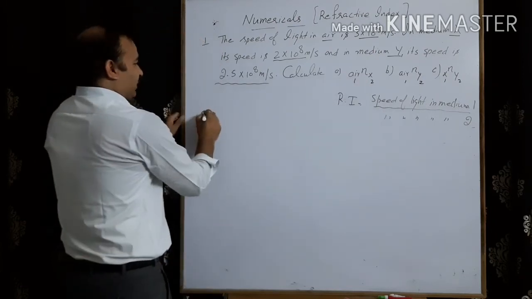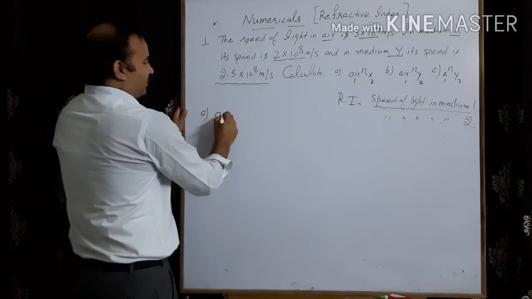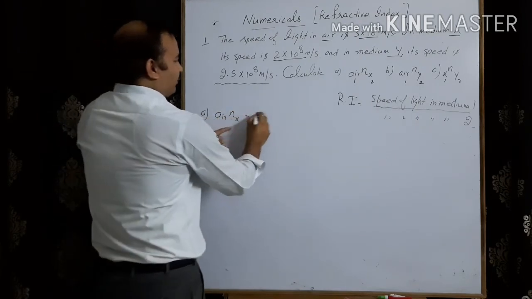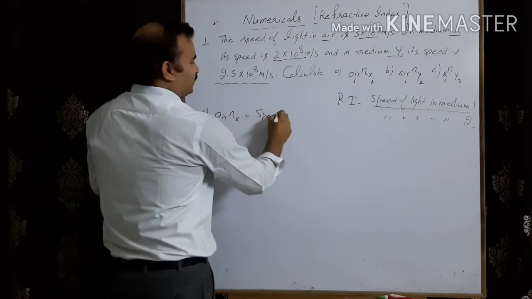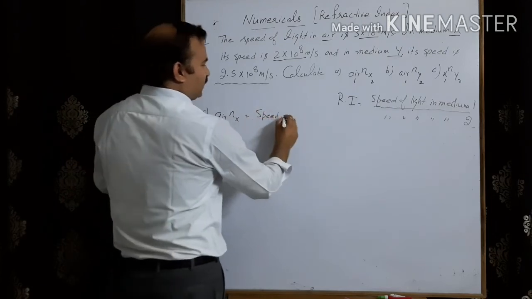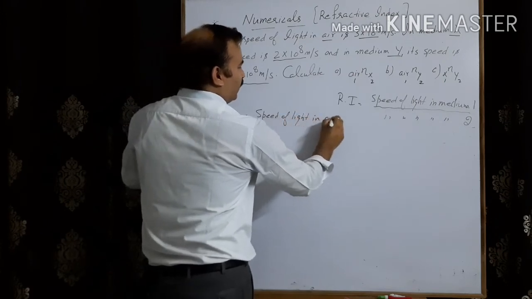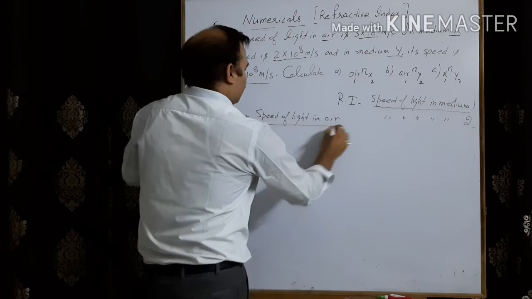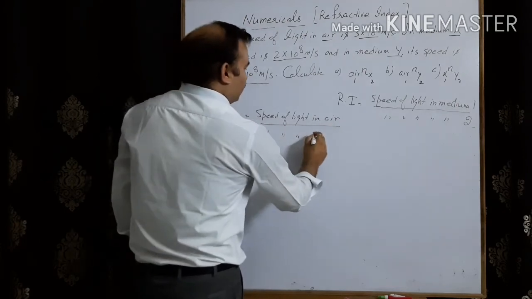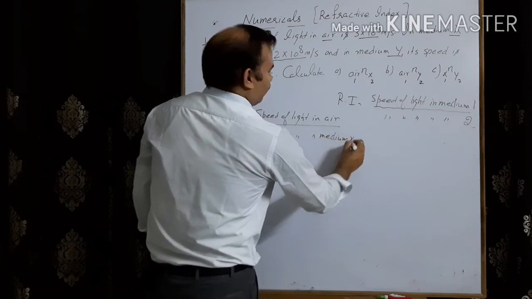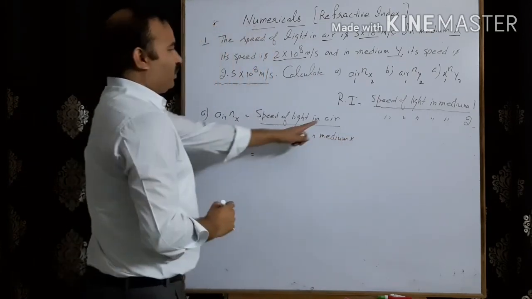So for the first case, it's air and X. It means speed of light in air. That light is coming from medium 1, that is air. Speed of light in air upon speed of light in medium X. What is the speed of light in air?